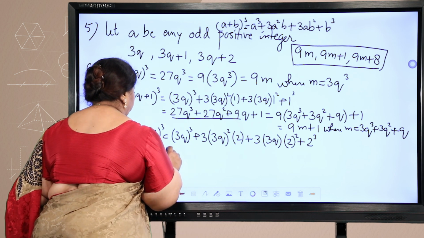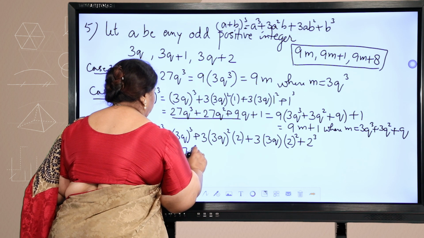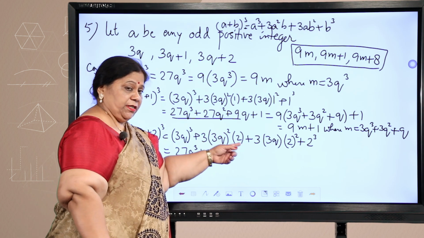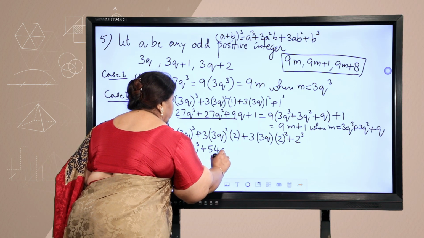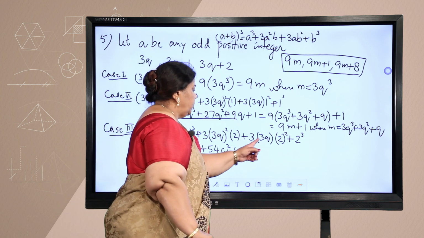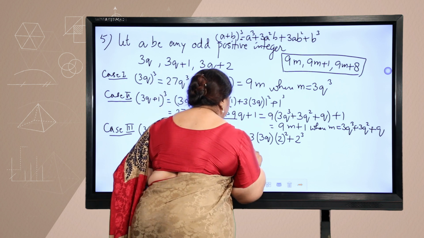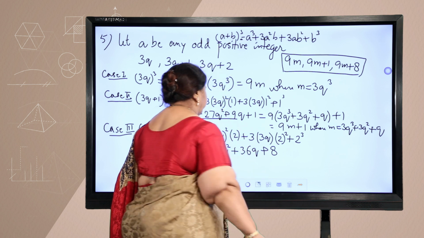That gives me 27q cube plus 3 9s are 27, 27 2s are 54q square plus 4 3s are 12, 3s are 36q plus 8.